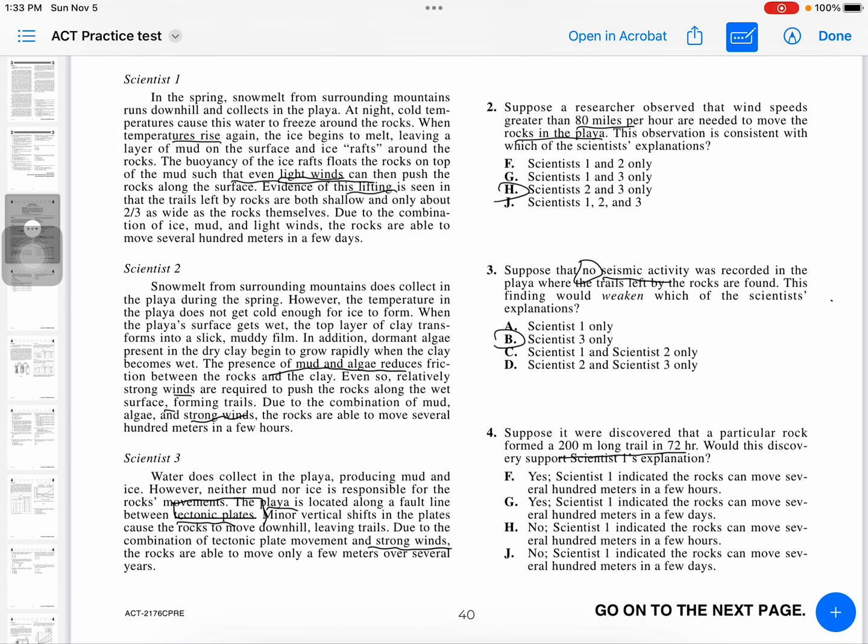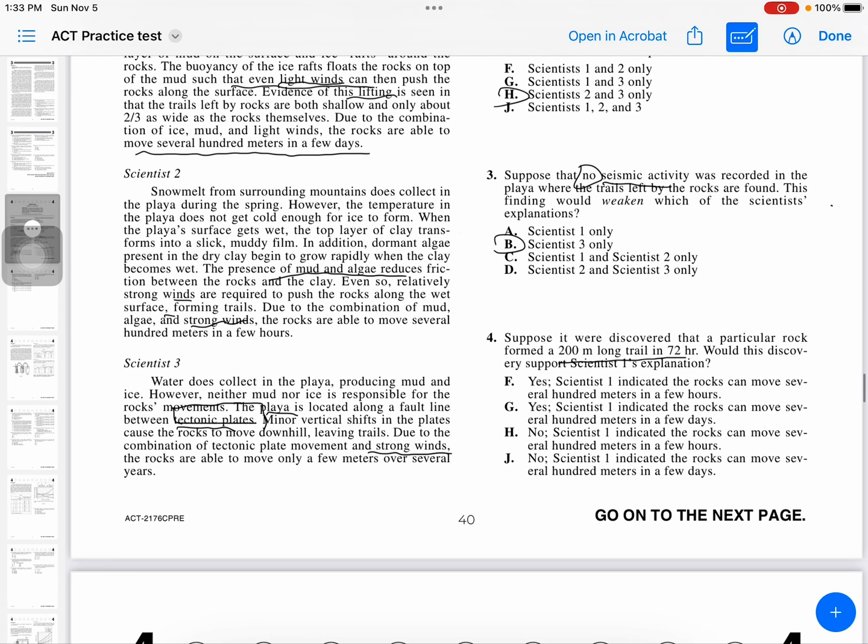When temperatures begin to rise, leaving a layer of mud on the surface, ice rafts form around the rocks. The buoyancy of the ice rafts floats up the rocks. Even light winds can push the rocks on the surface. Evidence of this is seen in that the trails left by rocks are shallow and only about 2/3 the width of the rocks themselves. Due to the combination of ice, mud, and light winds, rocks were able to move several hundred meters in a few days. Yes.